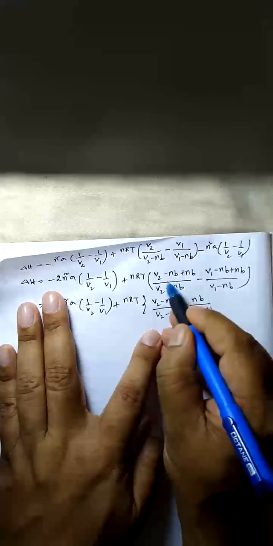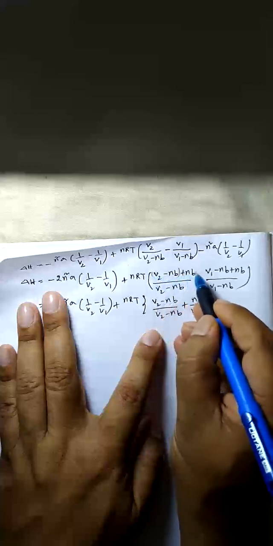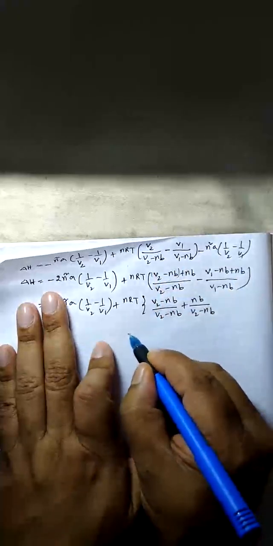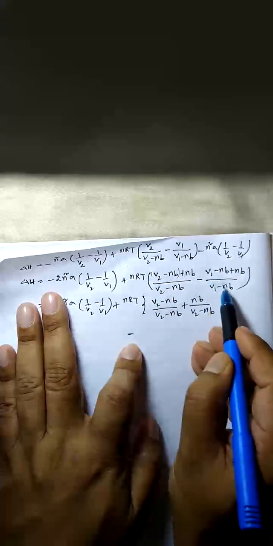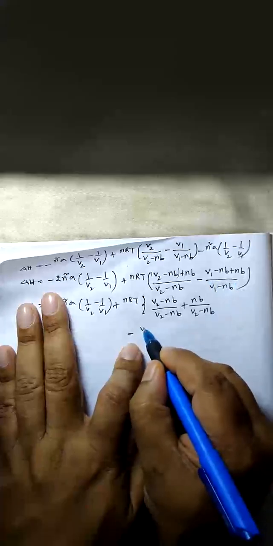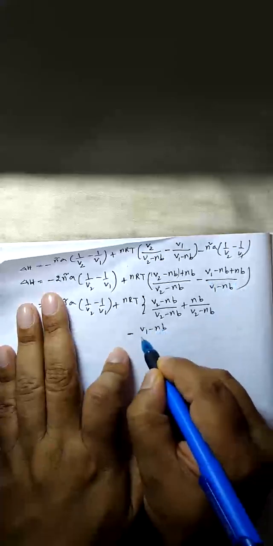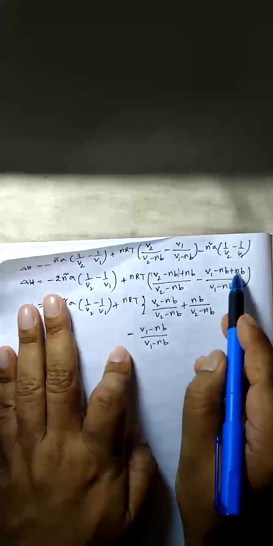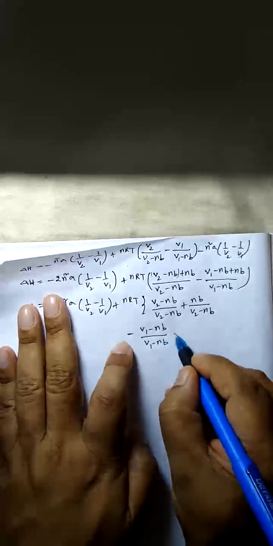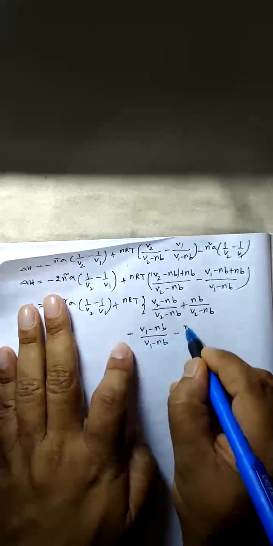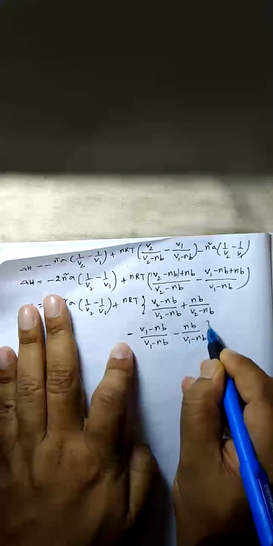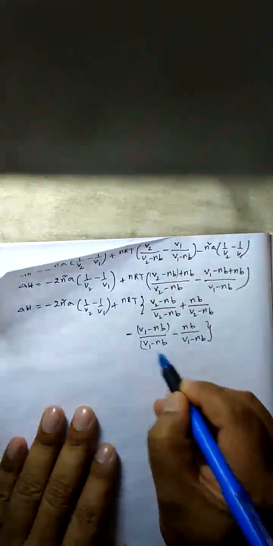I take this one: one is this one, then another is this one. This one by this one, this one by this one, same. Then minus, I take this one by this one by this one: v1 minus nb divided by v1 minus nb, plus nb by v1 minus nb. Okay, this thing is cancel.